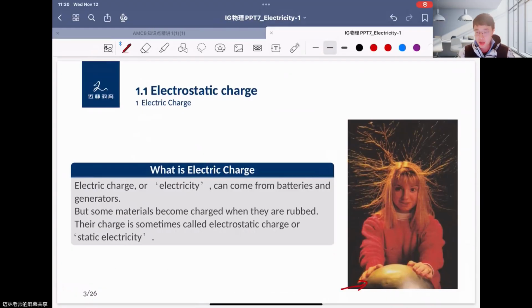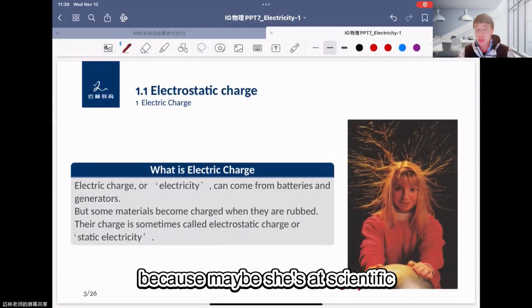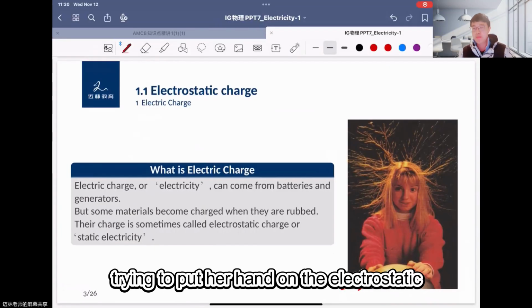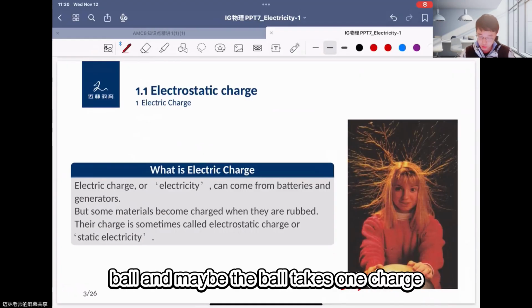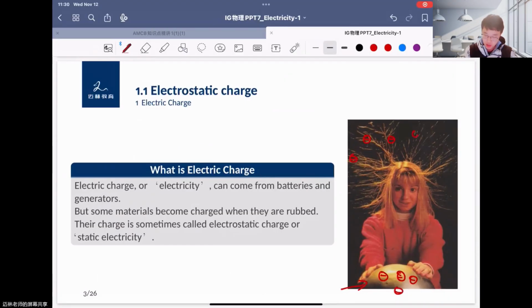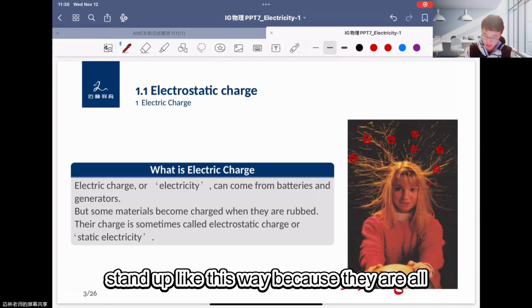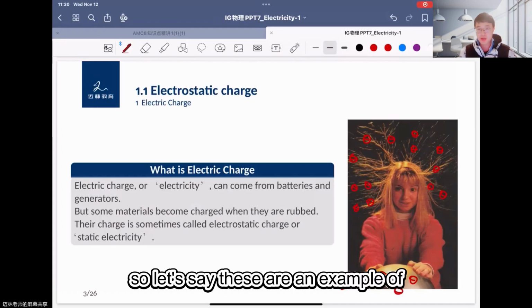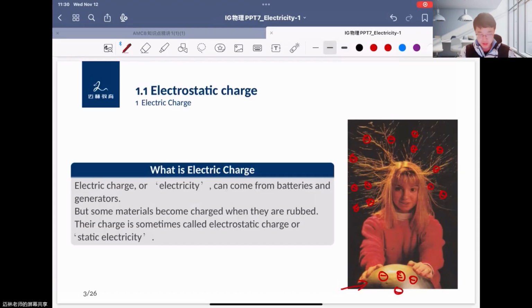The ball carries negative charge, and each of her hairs stands up like this because they all carry negative charge. These are examples of electrostatic charge, and you have electricity in your daily life.